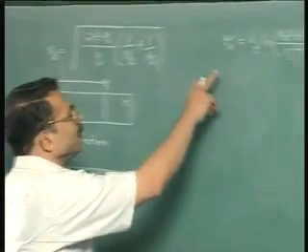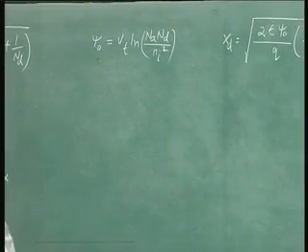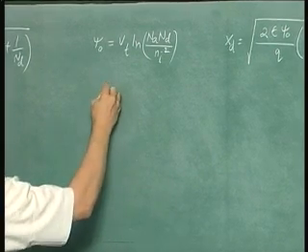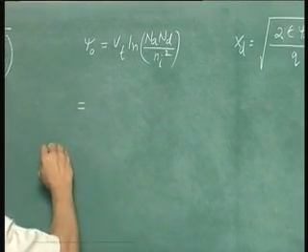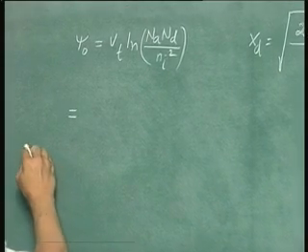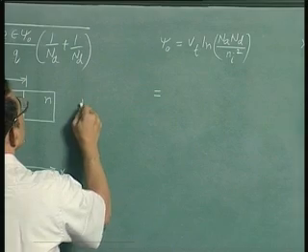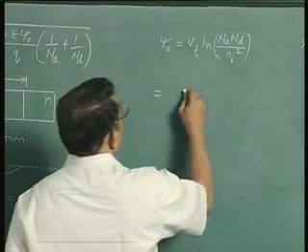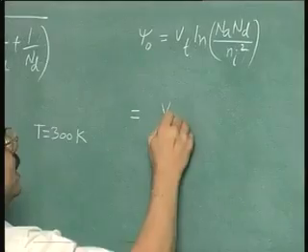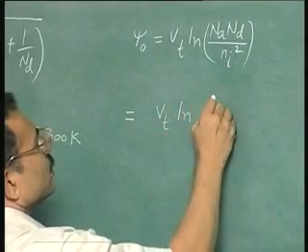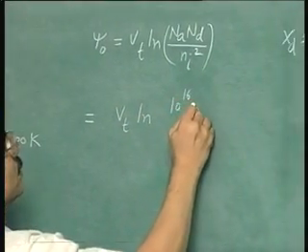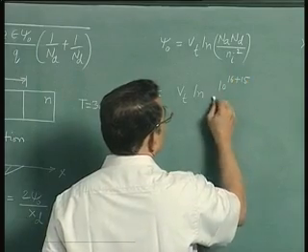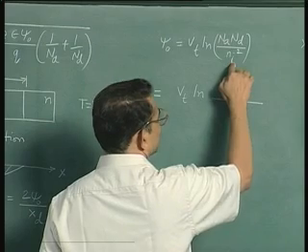Now, the built-in potential psi naught is given by Vt ln Na Nd by Ni square. So we can calculate this as follows at room temperature. T is equal to 300 K, that is the assumption. So we can write this as Vt into ln 10 power 16 into 10 power 15. So the power gets added here, divided by Ni square.